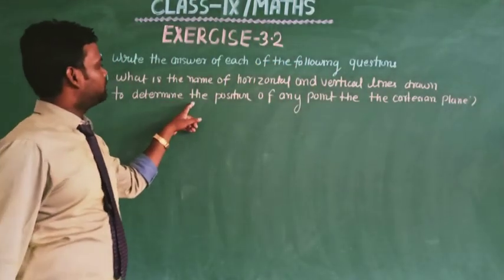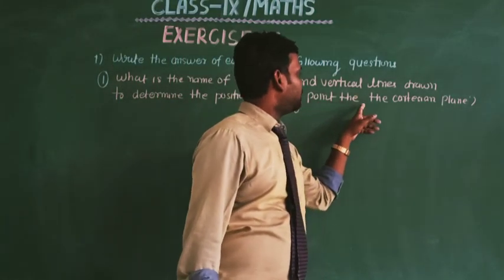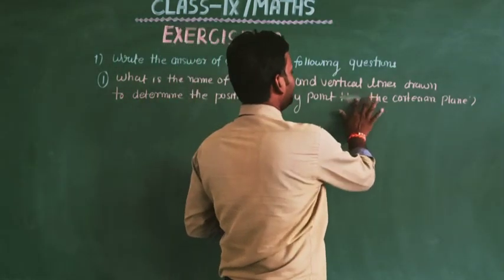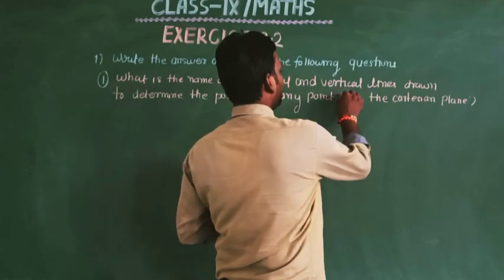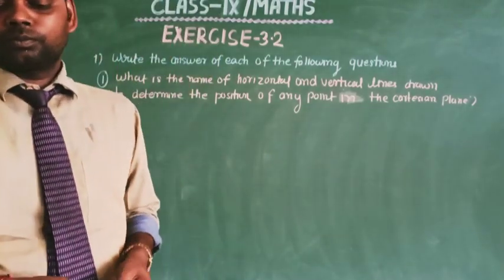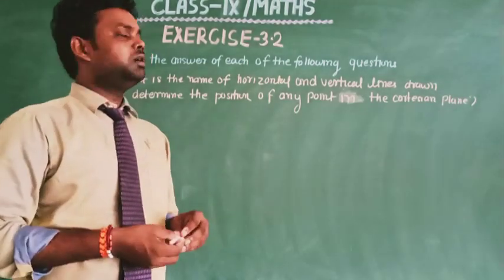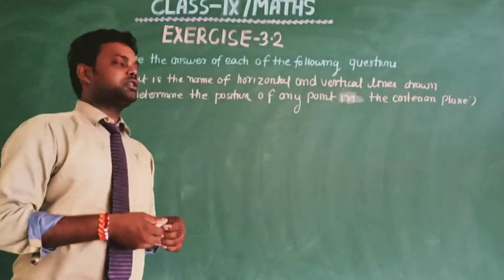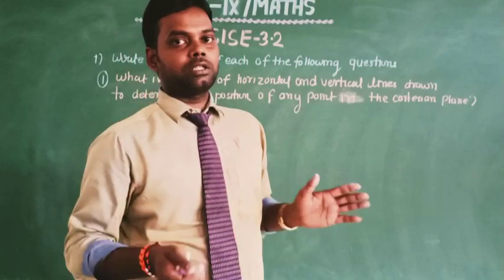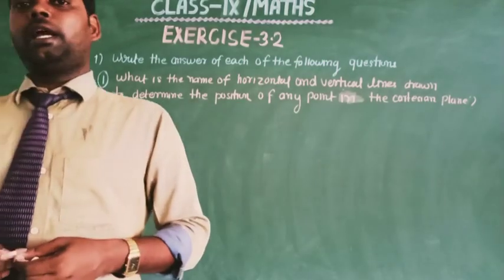So in the first part we have to ask what is the name of the horizontal and vertical lines drawn to determine the position of any point in the Cartesian plane. This is called the x axis and the y axis.